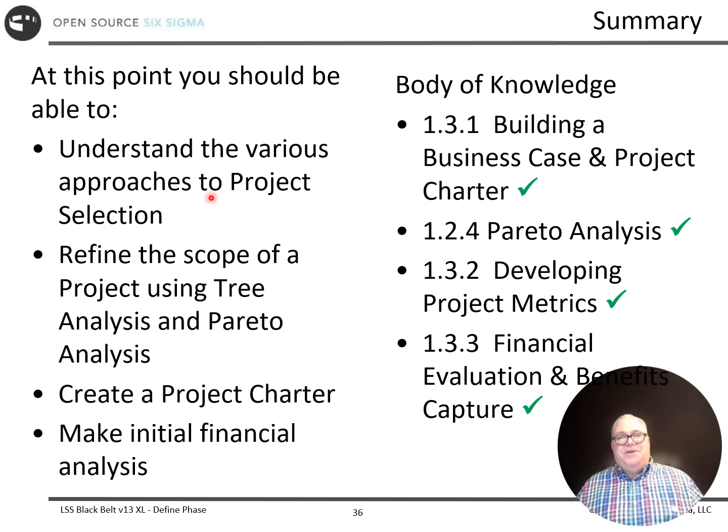What process are we going to make better in order to get our savings? We talked about refining the scope, using both that tree analysis to get down to the right y as a function of x level. We can also use Pareto analysis. Also remember the high-level process flow we did with the left and right boundary. That's part of our scoping mechanism as well.